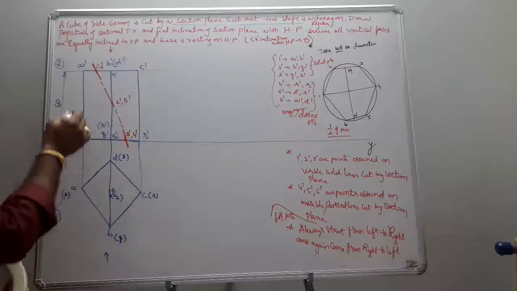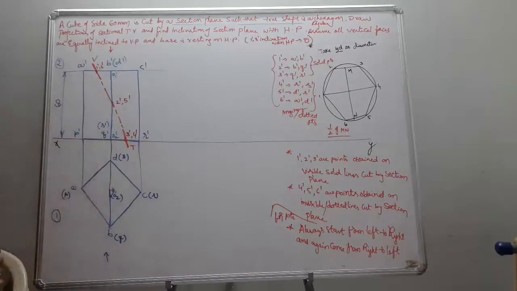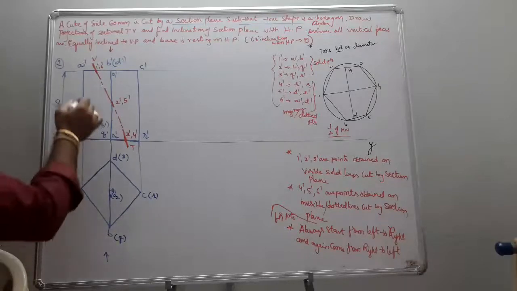So this was represented by VT. This was represented by VT. That was the section plane.